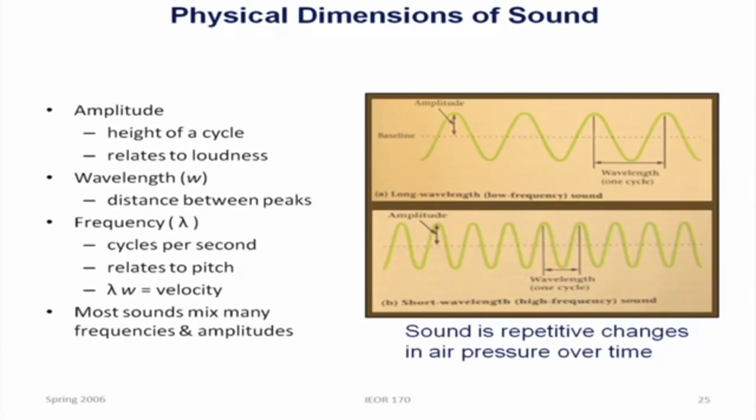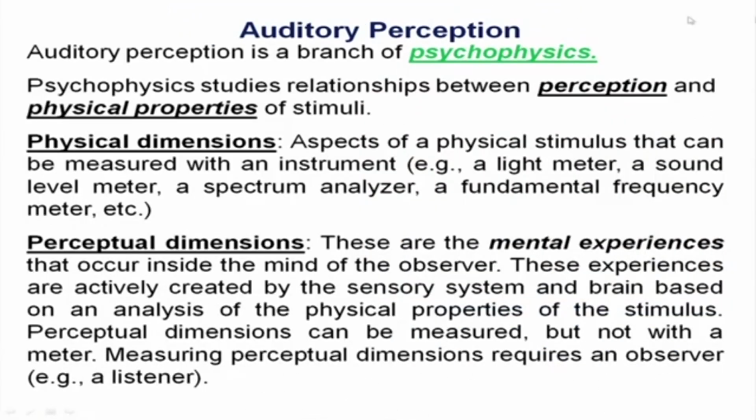Okay. Now, I come to the physical dimension of the sound and the physiological, or you can say psychological, perceptual dimension of the sound. That is obvious, you know the height of the amplitude, frequency, wavelength and their properties. Now, I call it auditory perception. Auditory perception is a branch of psychophysics, you know that.